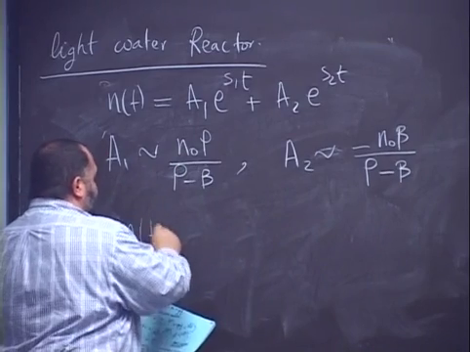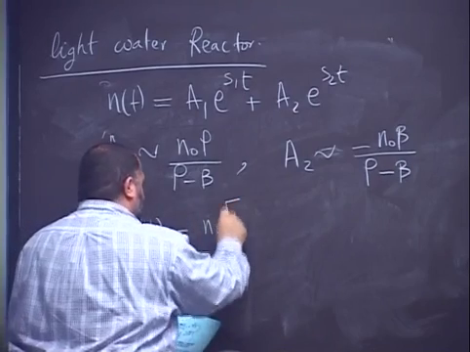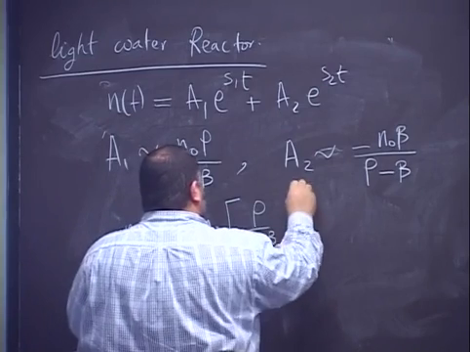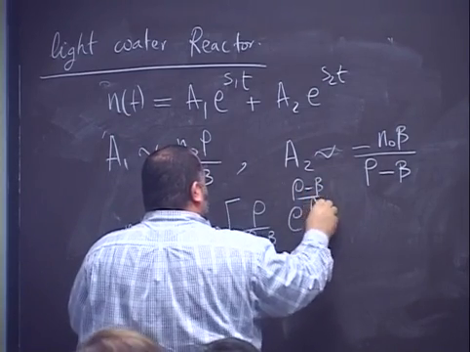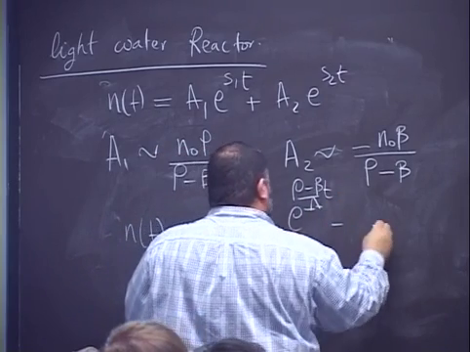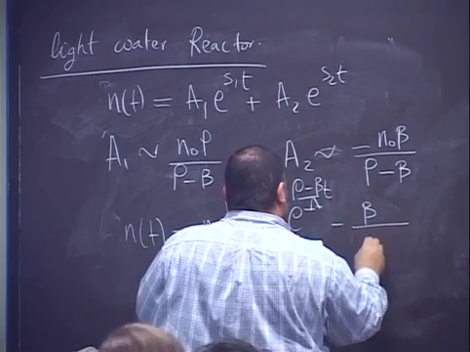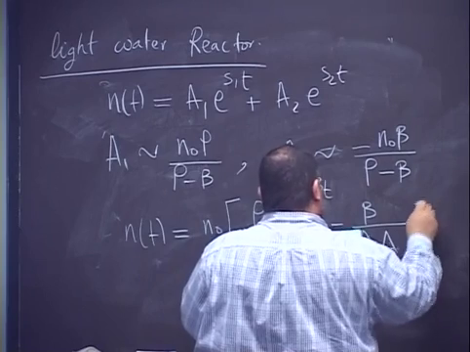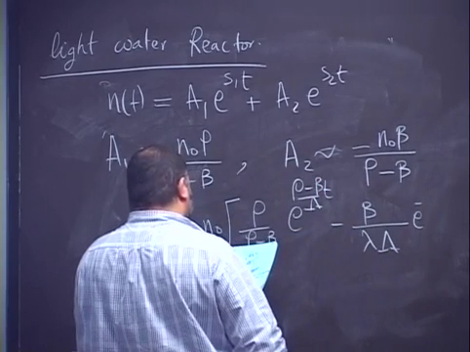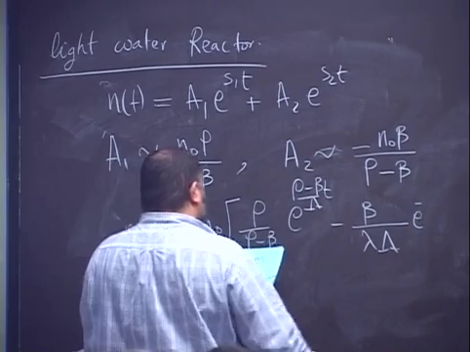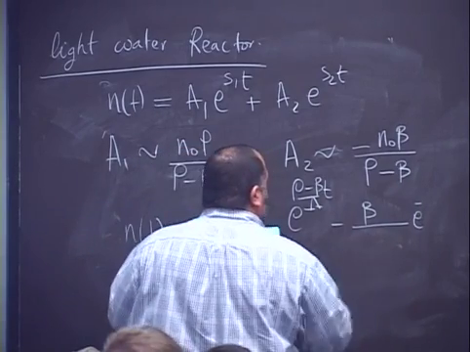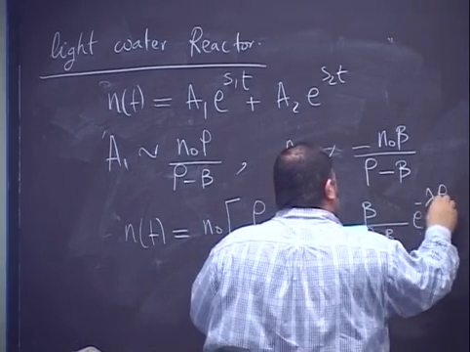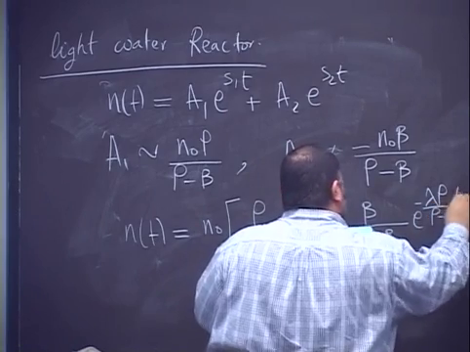So in this case, N of t will be N naught multiplied by rho divided by rho minus beta, e to the power of rho minus beta over lambda gamma t, minus beta divided by rho minus beta, e to the power of minus lambda rho divided by rho minus beta t.